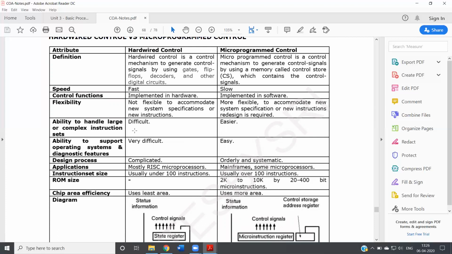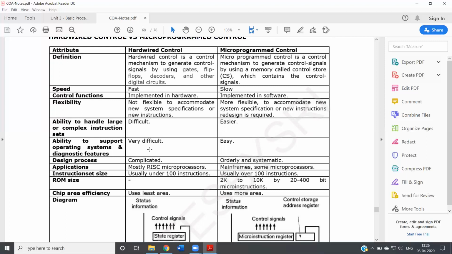Handling large or complex instructions is difficult in hardware control, but in microprogram control it is easier. Ability to support the operating system and diagnostic features is difficult for hardware control. For microprogram control, it is relatively easy.